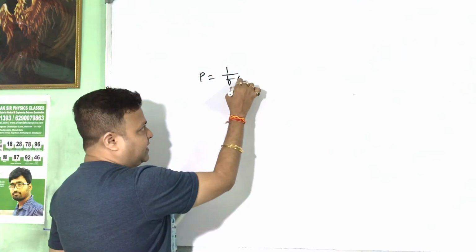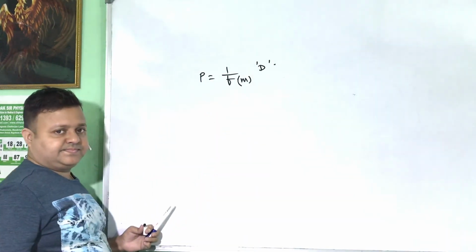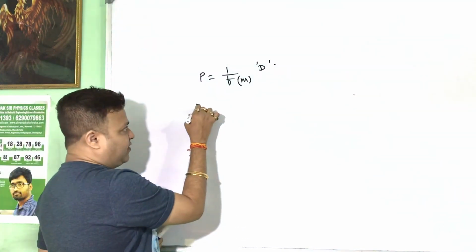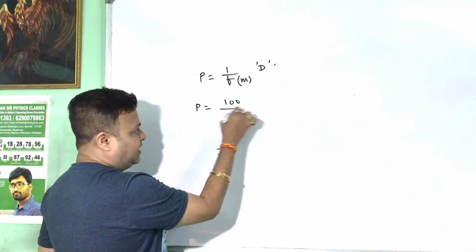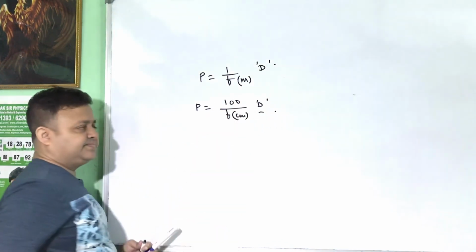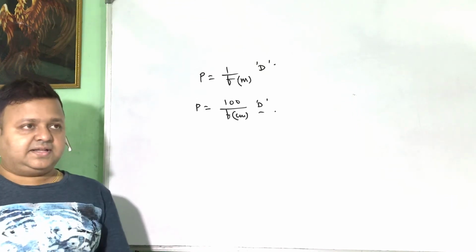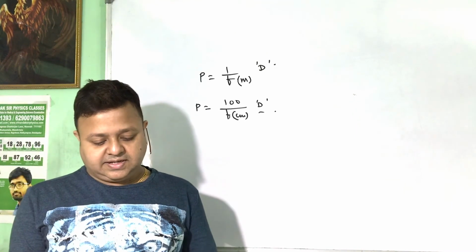If the focal length is in meter, then the unit is diopter. Or if the focal length is in centimeter, then it is 100 by f, and the unit is diopter.